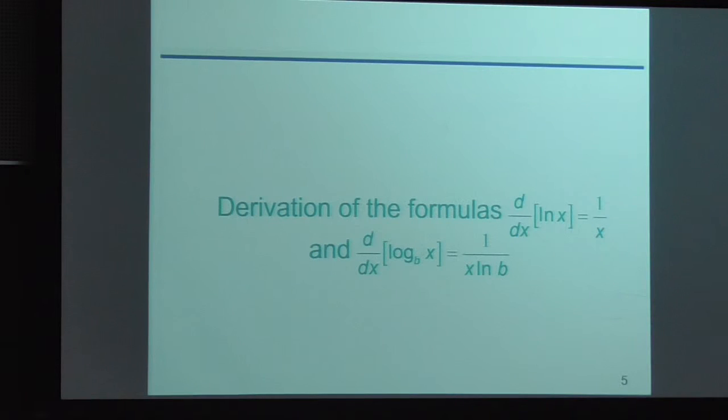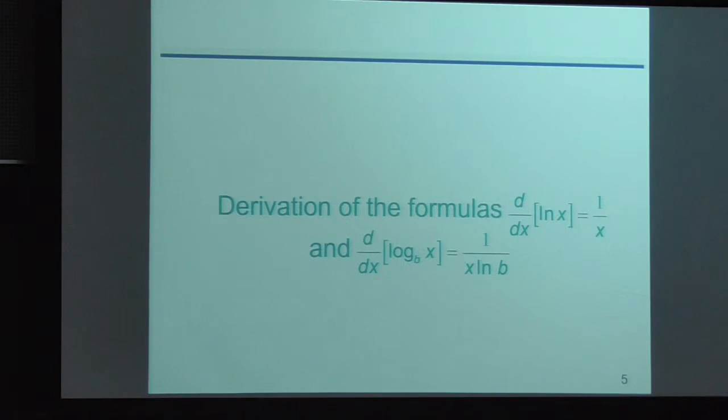How did we prove it? We had to use the definition, which means limits. Maybe you don't remember, but you can go back to our videos on YouTube. I think we're going to have to use limits here to show this 1 over x answer. So let's see how they do it.